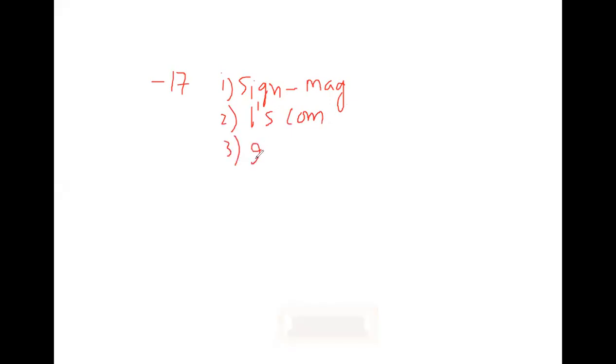The question is there in your notes also. Yesterday I forwarded it to you. The question is: represent minus 17 in sign magnitude, in 1's complement, and in 2's complement.